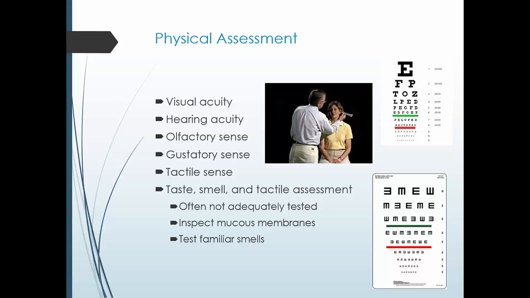So basically, if they are at 20/40, they can only read at 20 feet what most people would read at 40 feet. So the further you go down, the worse their vision is. The increase in numbers, the worse the vision.